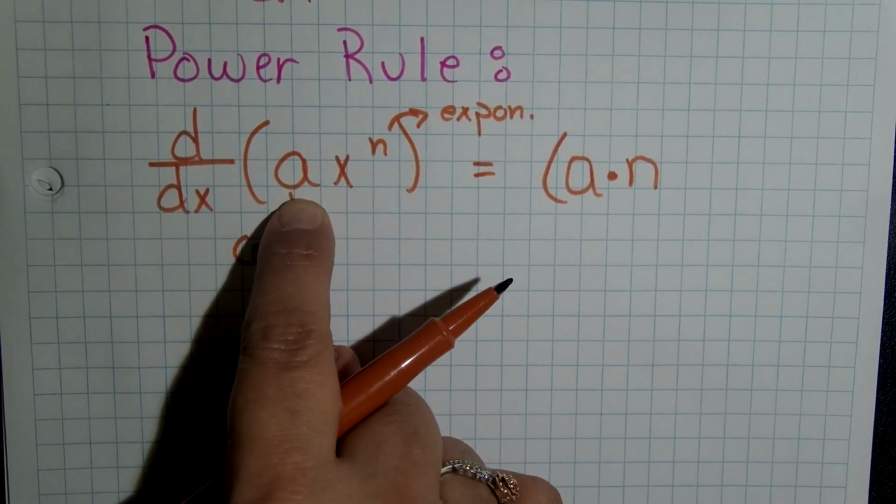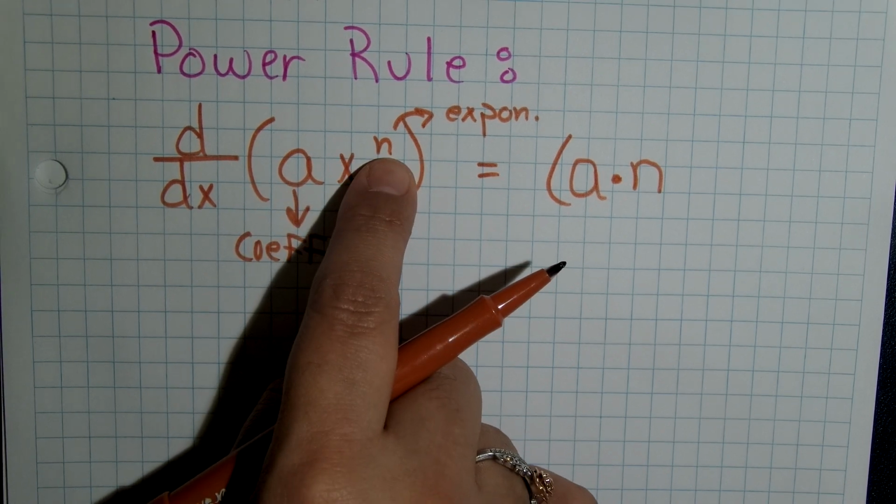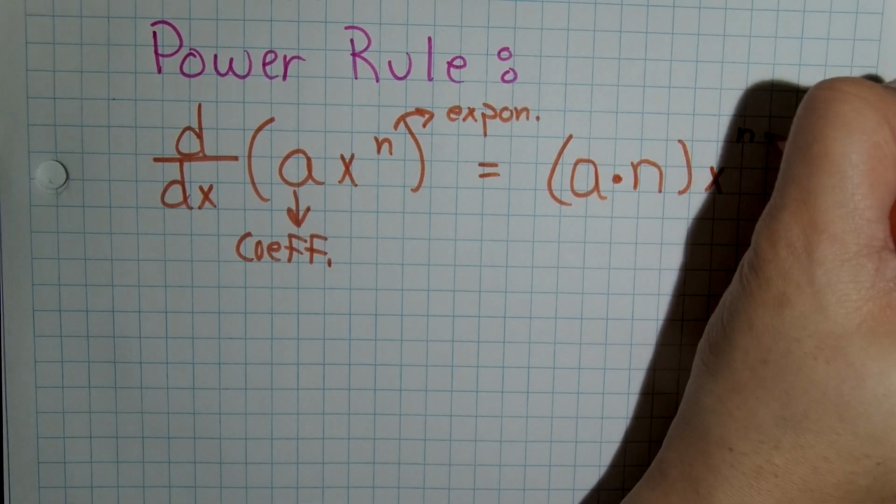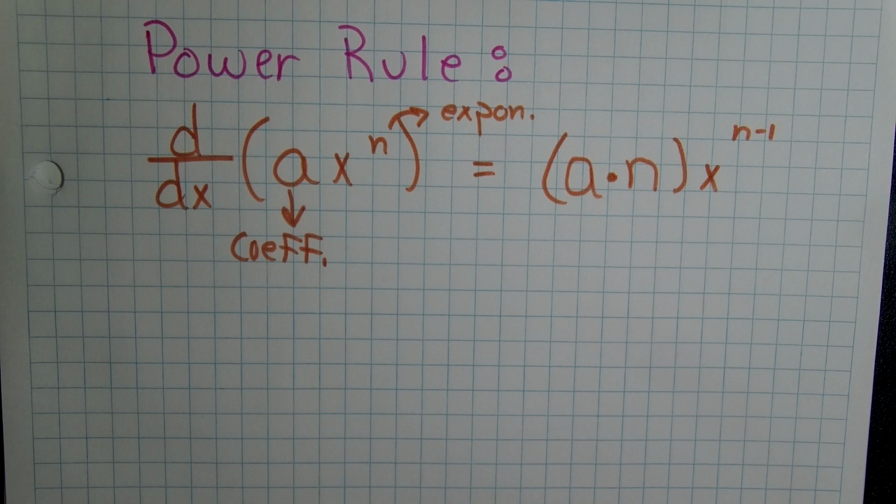Remember, the coefficient is the number in front of the variable. And we multiply the exponent. And then you subtract 1 from the exponent. You multiply, you subtract. You multiply, you subtract. Okay? Questions? It'll probably make more sense when we actually do a problem.